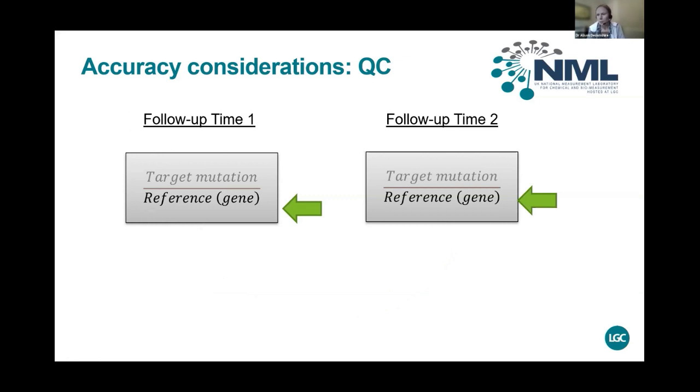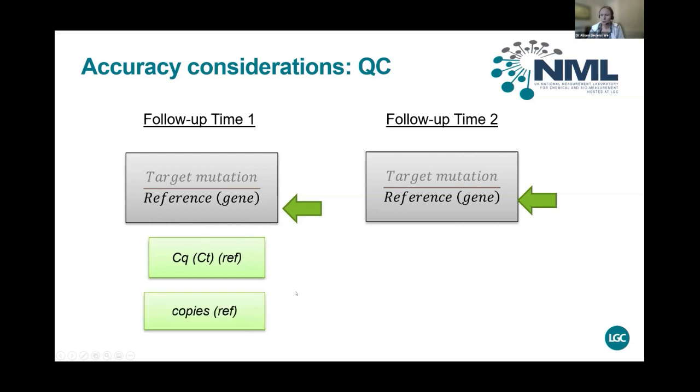So the CT or the copy number concentration of the reference gene really then reflects whether there's enough cells within the sample that's been taken to be able to give that level of sensitivity that Professor Morley referred to earlier. So yeah, these could be CQ or CT, and often that's then translated to copies as well.